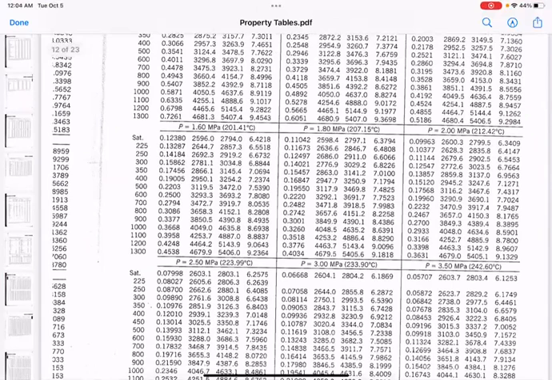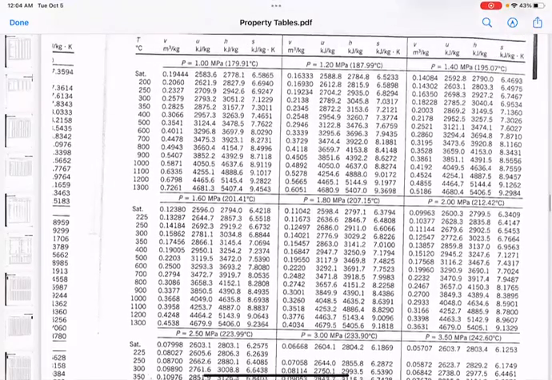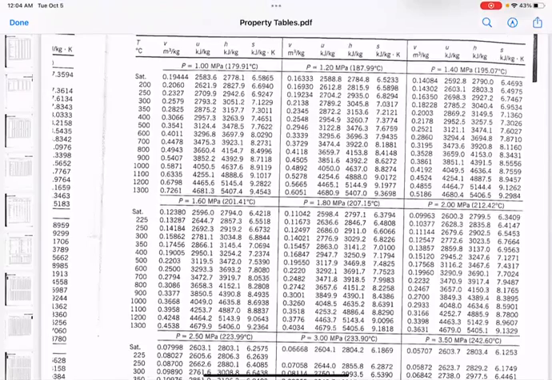Okay, well, if you can see towards the middle of the screen and on the right, we have a 2 megapascal box, right? We're looking in terms of specific volume because we know the specific volume, and that's the first column of each box.